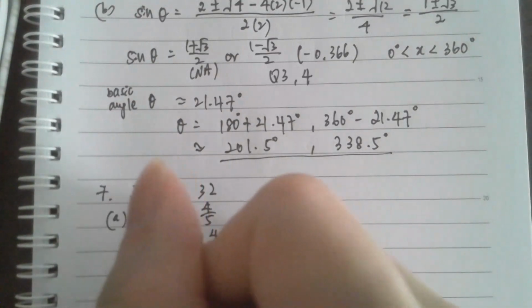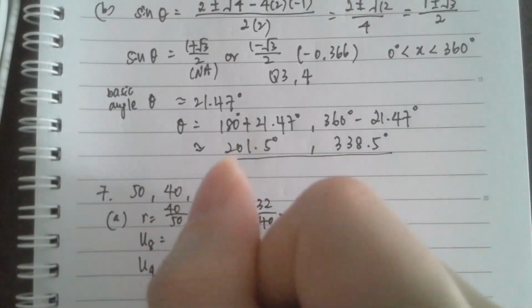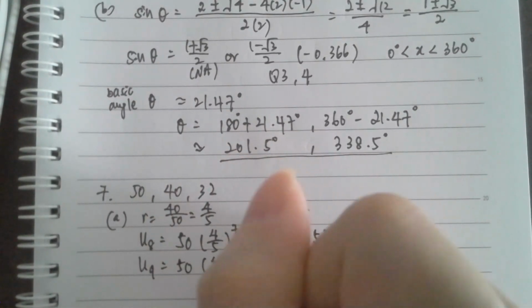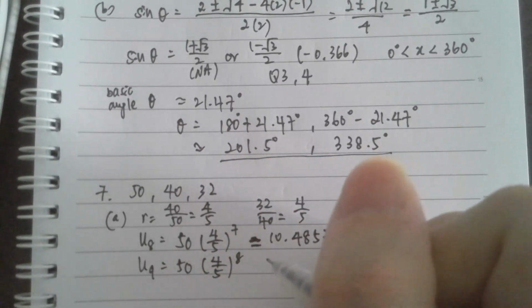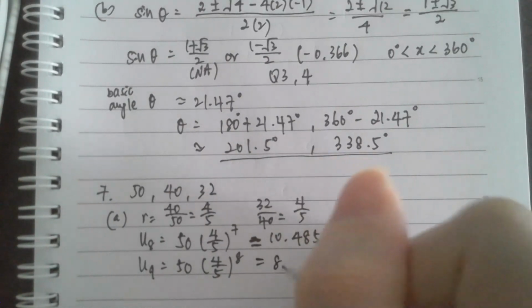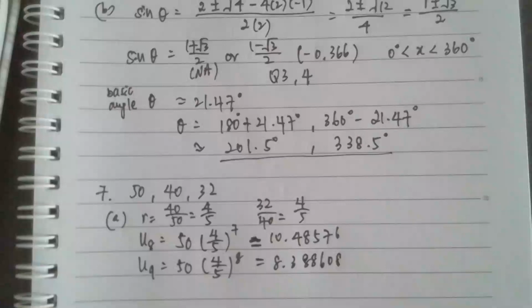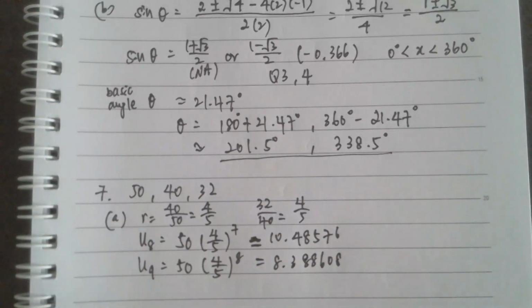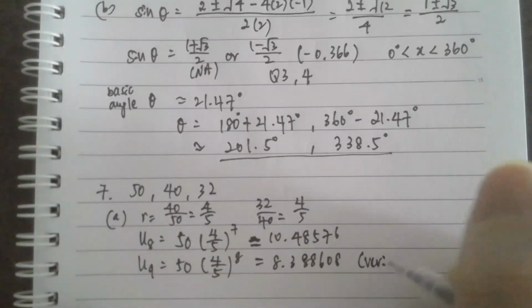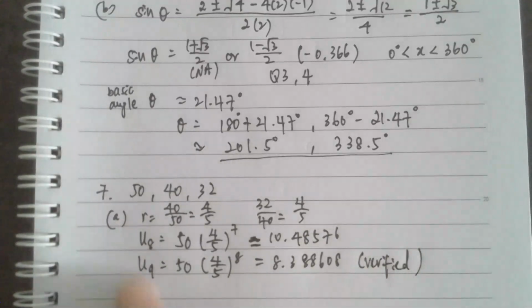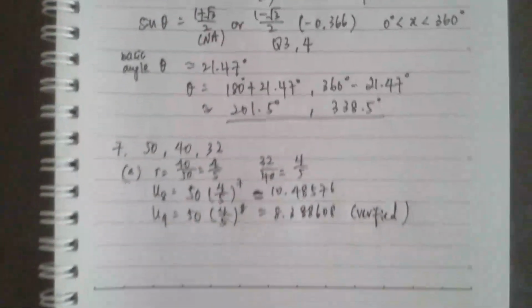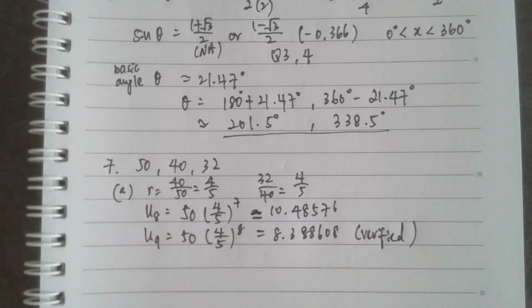So U9 would just be 50 times 0.8 to the power of 8, and that gives us 8.3888608. So that's the first time that it falls below 10. Alright, so you're supposed to verify it, and that's verified. You've done U8, you've done U9, you show that the 8th impact is more than 10, and the 9th impact is the first time that it reaches less than 10.